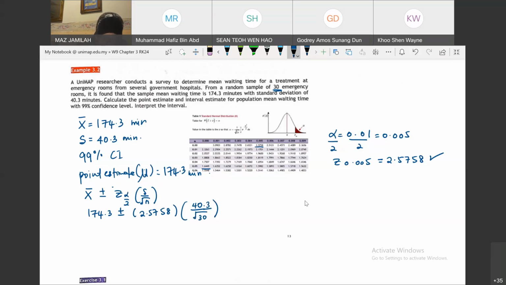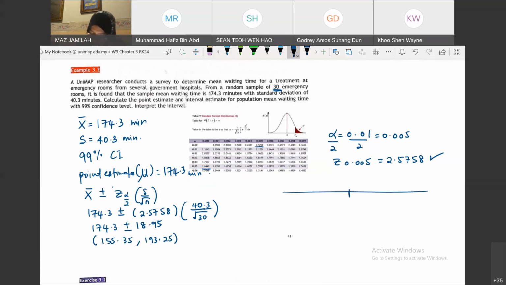If I put it with the margin of error, 174.3 plus minus 18.95. So what would be the interval? The interval would be between 155.35 until 193.25.